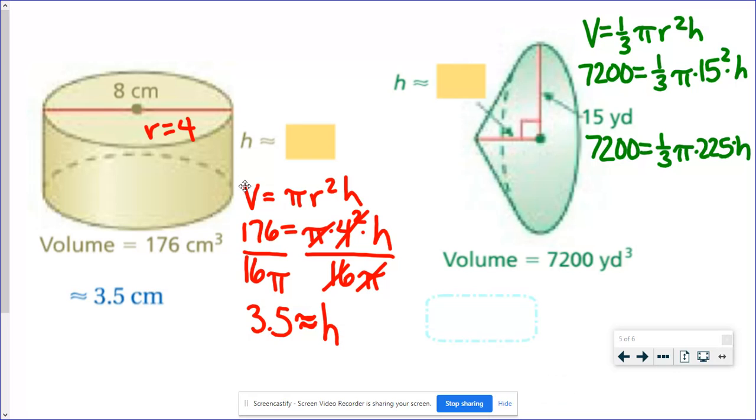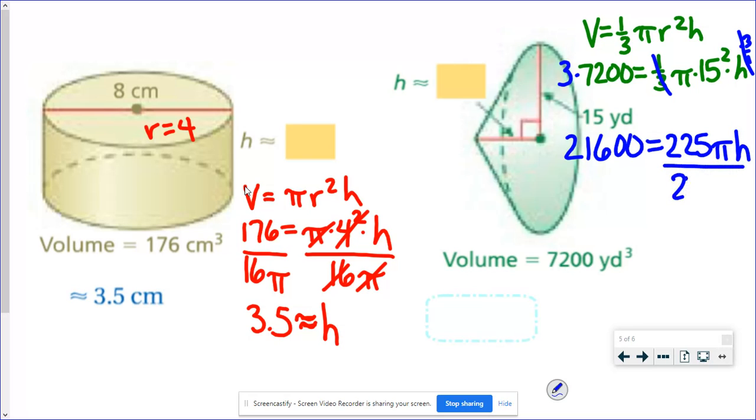Or I'm going to go back and do this problem the way that I showed you one earlier. I'm going to get rid of the 1/3. Instead of multiplying by 1/3 here or trying to get rid of it later, I could just multiply this side by 3/1 and multiply this side by 3/1, or just 3. That just takes out that fraction part. Okay, I'm going to stick with the blue here. So 7,200 times 3 is going to be 21,600. We just figured out that 15 squared is 225. There's my pi and my h.